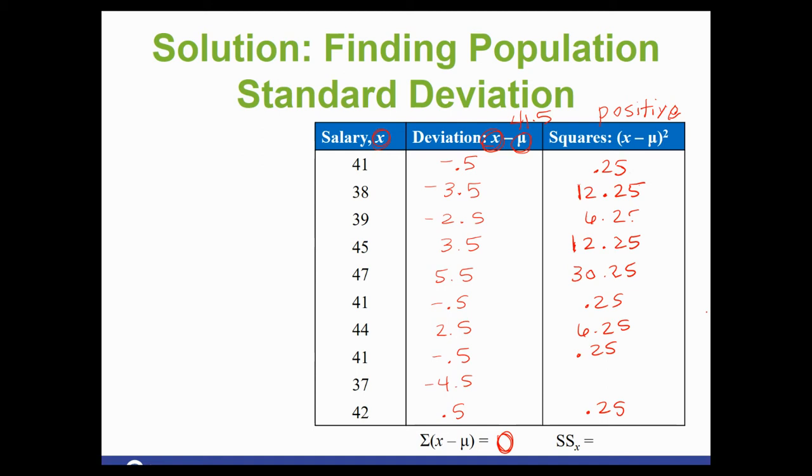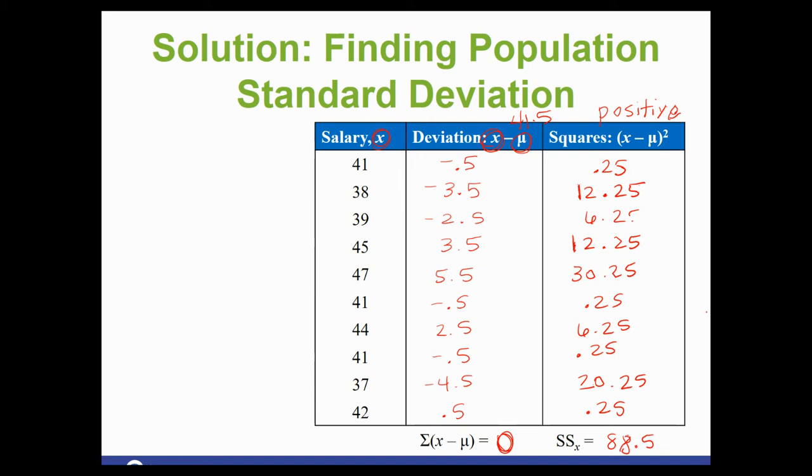And 4.5 squared is 20.25. Once you have your entire column, everything should be positive. Go ahead and add up all of your numbers. And we get 88.5. So this is the sum when we add them all up from the column.